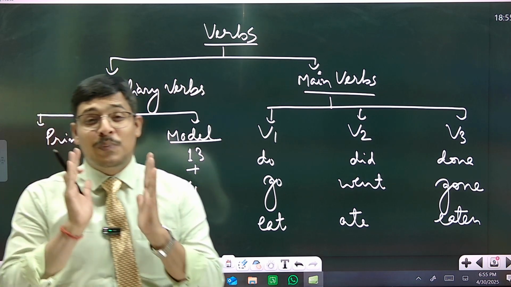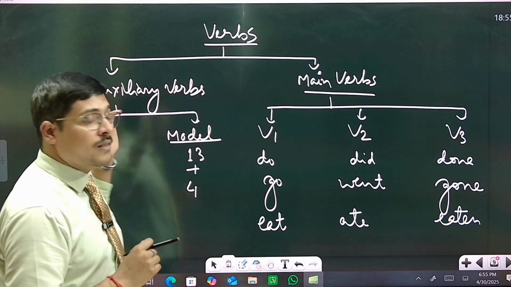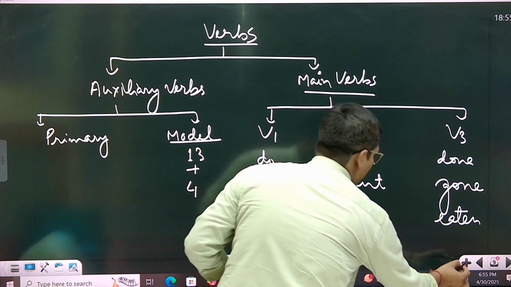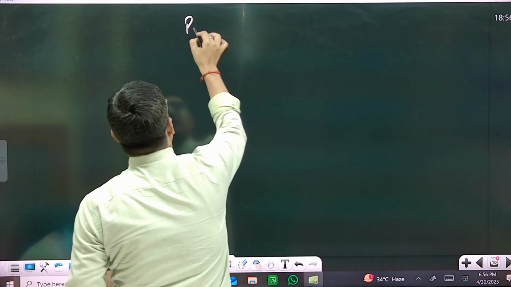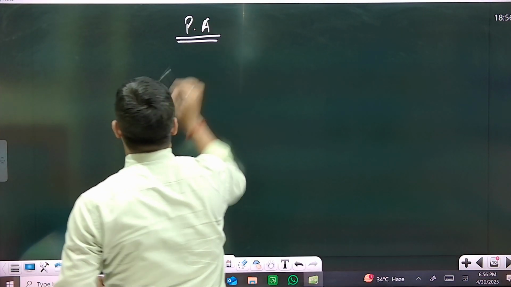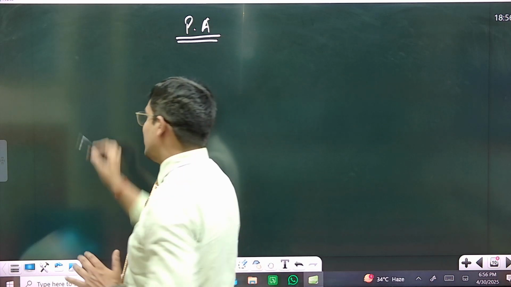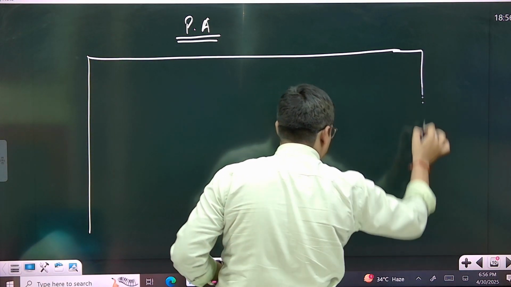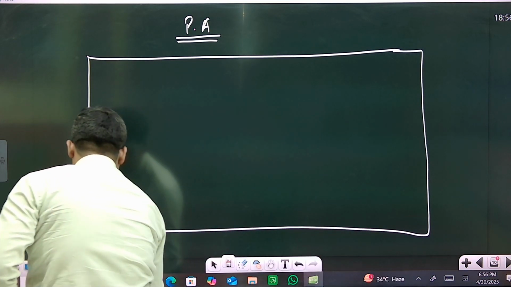My dear students, please remember the box that I'm going to give you now. The box of primary auxiliary. Please write primary auxiliaries. How many basic primary auxiliaries are there? Make this box and you can take the screenshot.